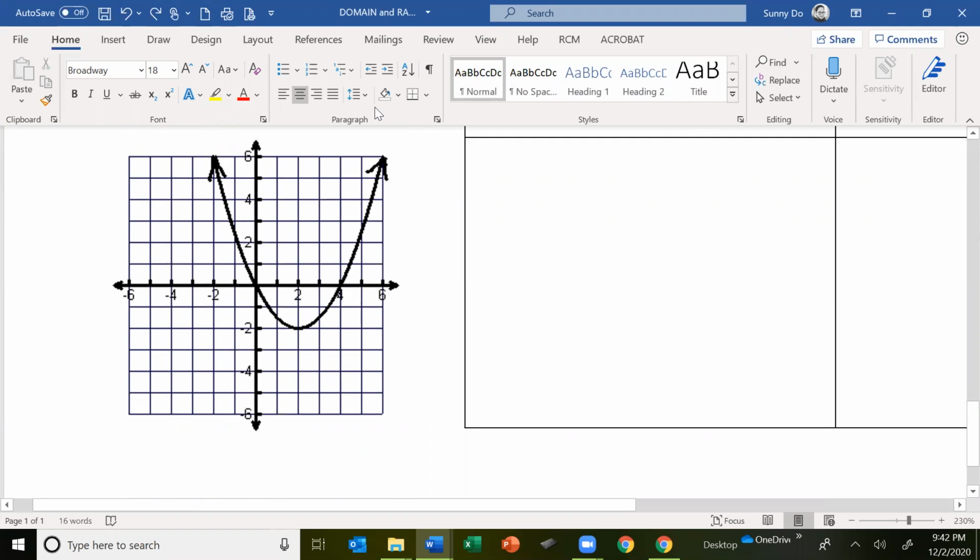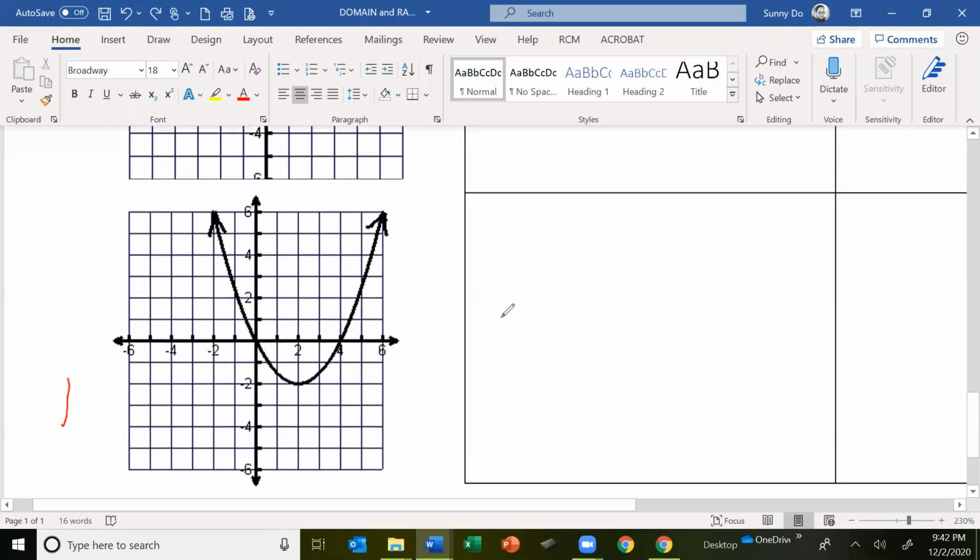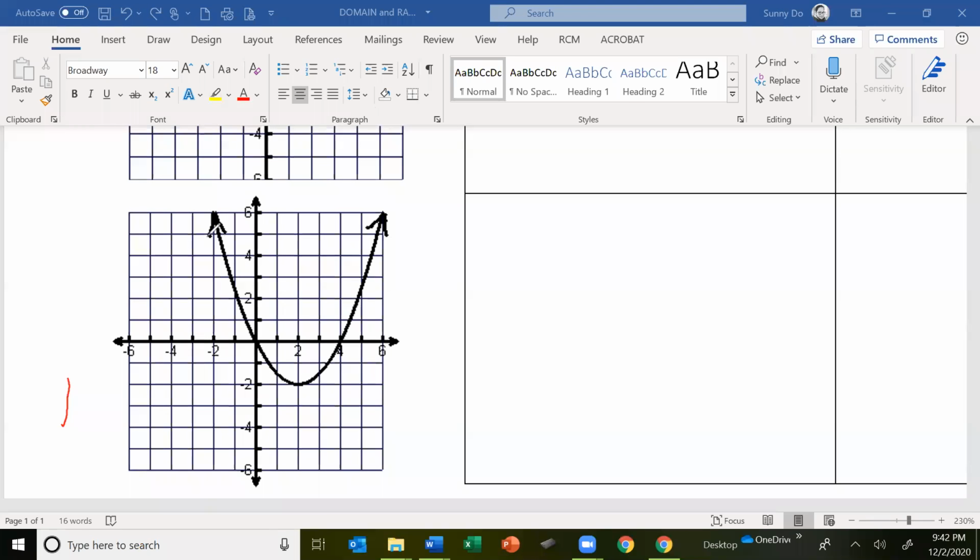Let's start. So for this one, you can think about what Mr. said earlier too. Or she said, if you see 2 arrows, it means it keeps going forever and ever, and you need to extend them. So what I have right here is an extension all the way right here, and the same thing to this side. So we can see it's open to the left, it's going to the left, and it points to the right. So let us label our number line.